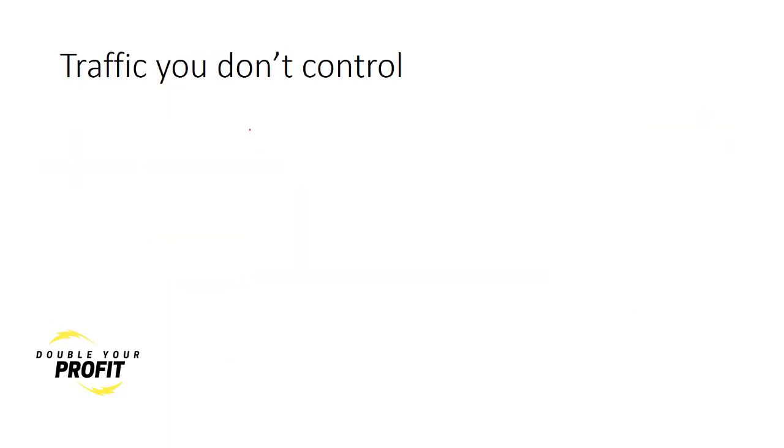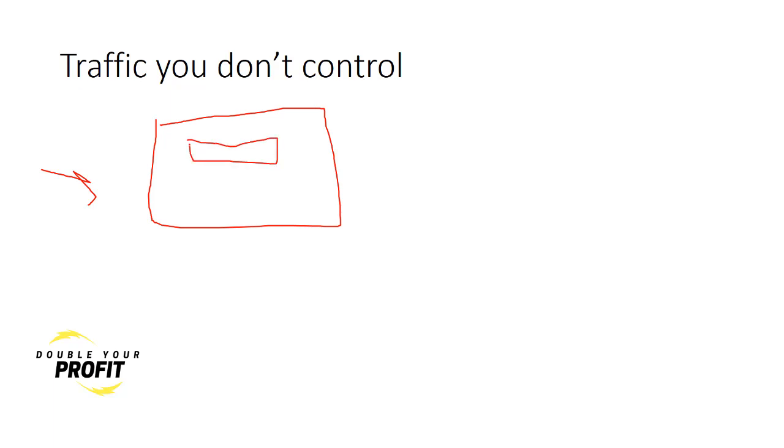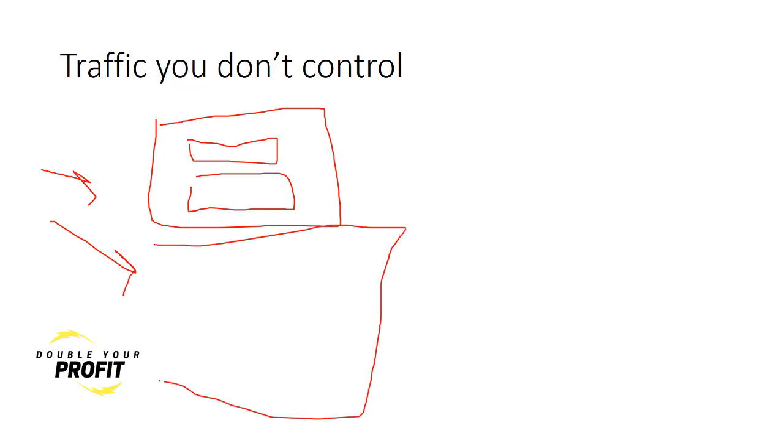Okay, so let's say traffic comes in, they either go to your opt-in page, or if you have a blog, they will go to your blog, right? And the traffic that comes to your blogs from Google SEO, these are things you don't control. These are people who just searched for you, or might have heard of you from some other videos or some other sources.